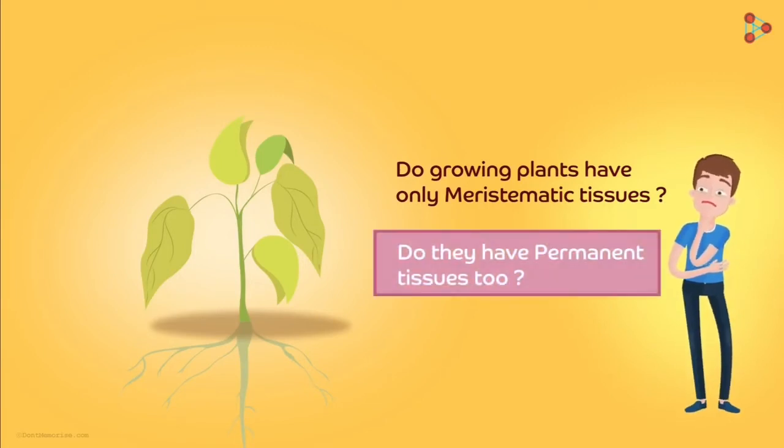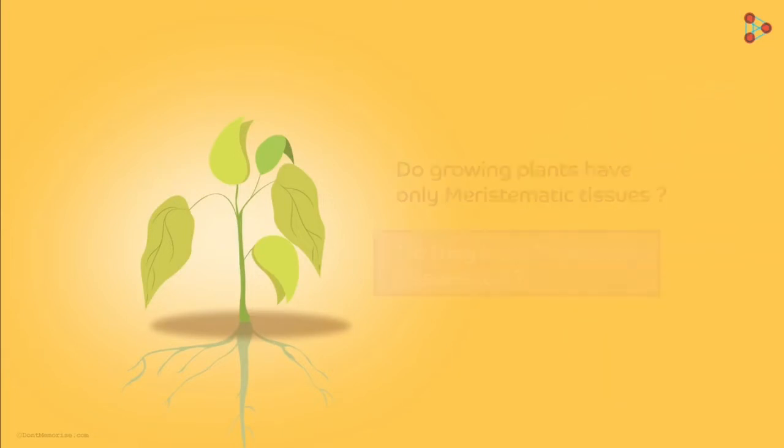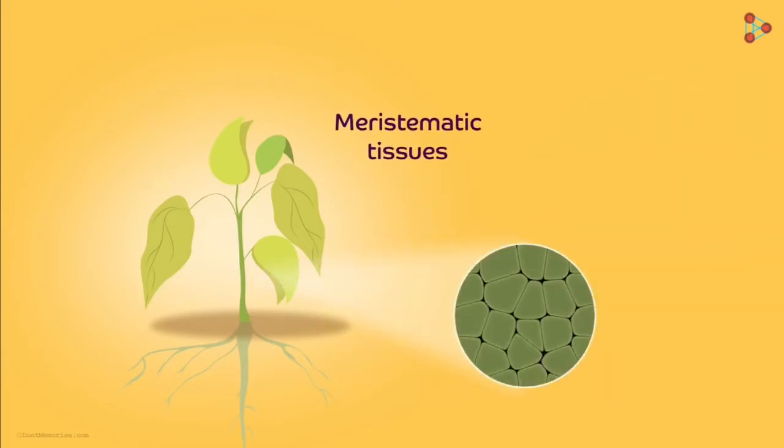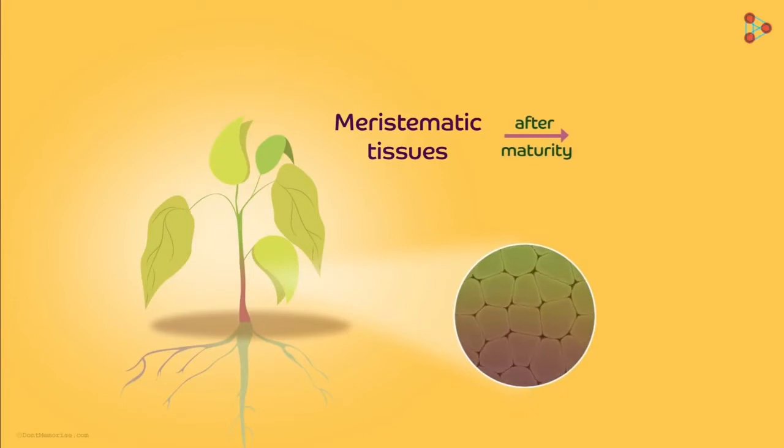I am sure this is a mind-boggling question. The answer is actually quite simple. When meristematic tissues have divided and reached the final stage of division, they attain maturity. After this point, these tissues do not divide anymore. They only get differentiated into different parts, and these non-dividing tissues then become permanent tissues.